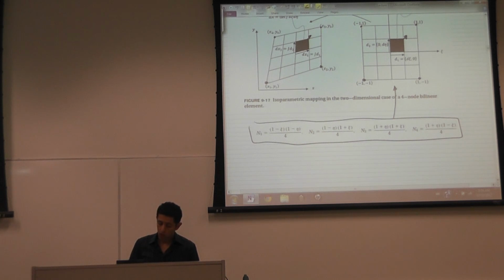To change between the two coordinate systems, I'm going to say that x is equal to x1 N1 plus x2 N2, which is equal to the sum of xi Ni. And similarly, y is equal to the sum of yi Ni.